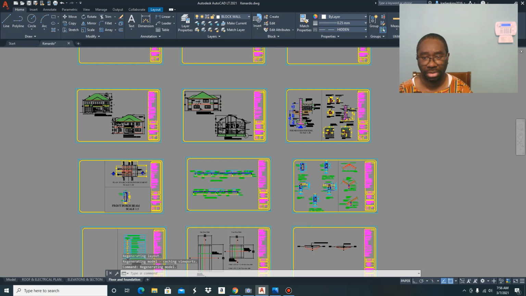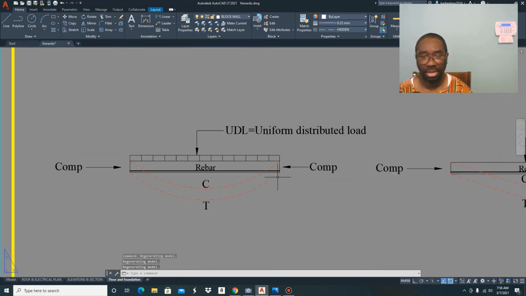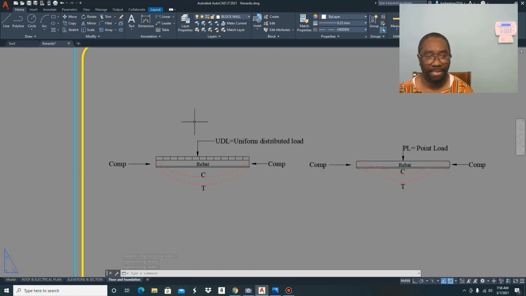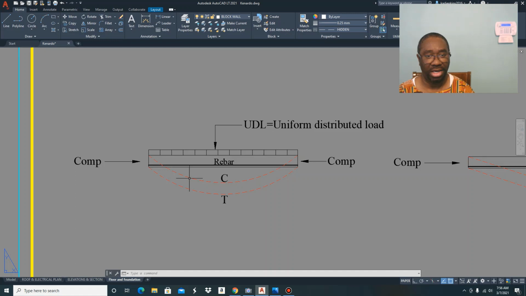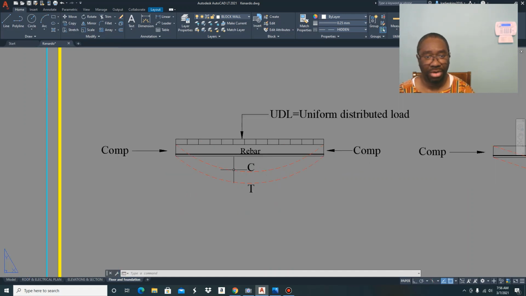As you can see in this diagram, this is a cross section of a reinforced concrete slab. This slab is being loaded uniformly.